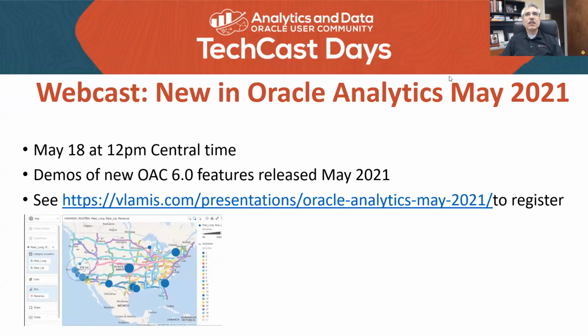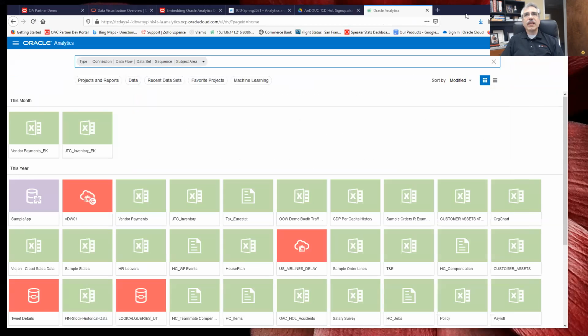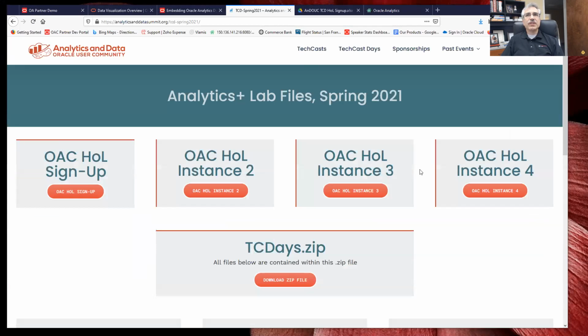All right, with that, let me get back then to the hands-on lab content. We're over our 10-minute break. So what I want to do is go through lab 3, and you can go out here. If you're new to this, you can go out to our Analytics Data TCD Spring 2021.